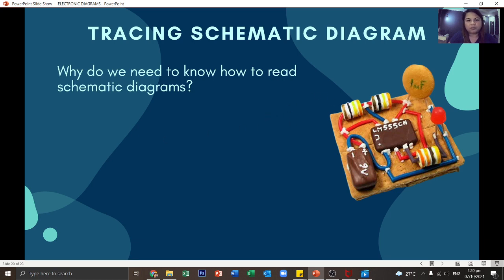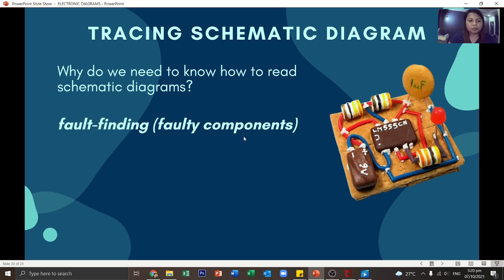Okay, let me start. For fault finding, finding faulty components. For example, one of your devices or appliances is not working, and you have the schematic diagram, you can possibly pinpoint what may cause the problem.